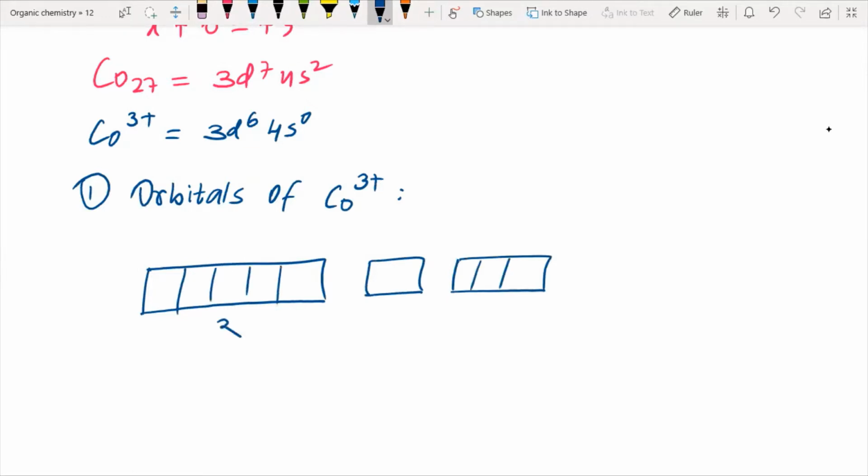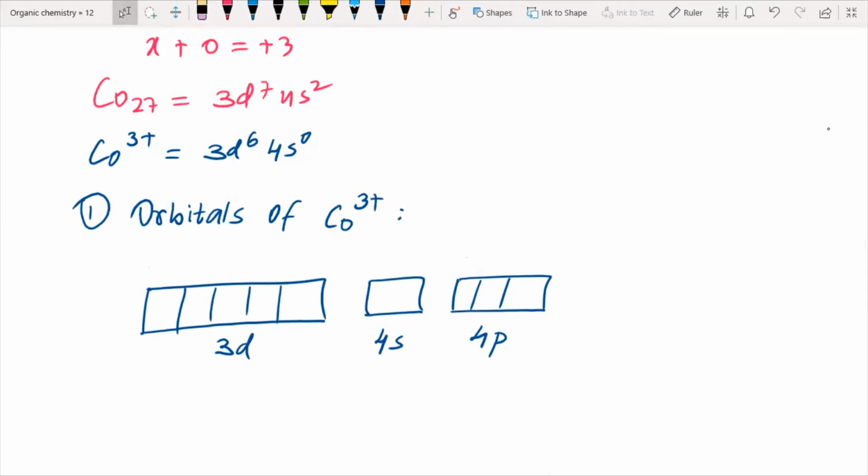So 3d, 4s, 4p. There are 6 electrons, so we'll write 1, 2, 3, 4, 5 and 6.